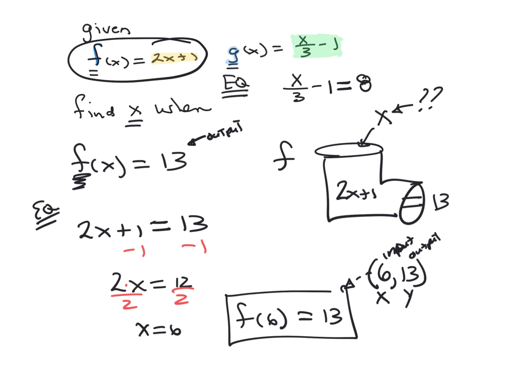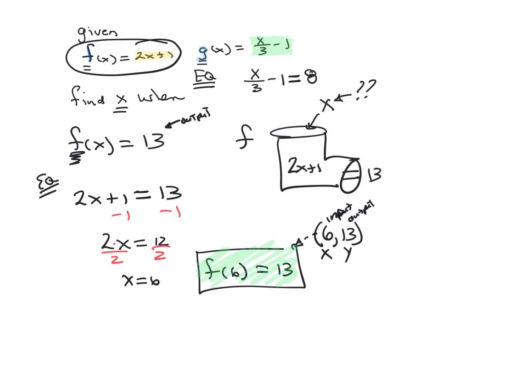And this is known as function, I call it fancy function notation, where 6 is what's going into the machine, and 13 is coming out of the machine. So it's all about inputs and outputs. And F is the style of machine, and that is read F of 6. That does not mean F times 6. That means F of 6 equals 13. So 6 going into the F machine, 13 comes out.